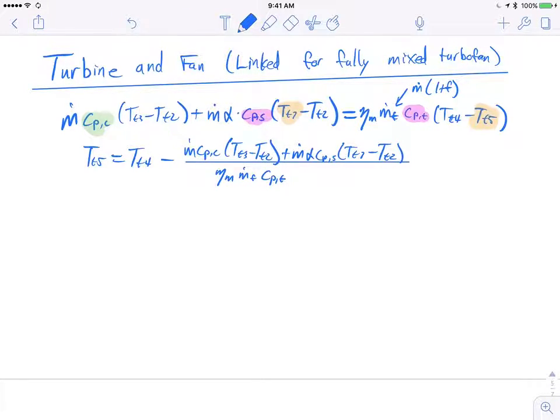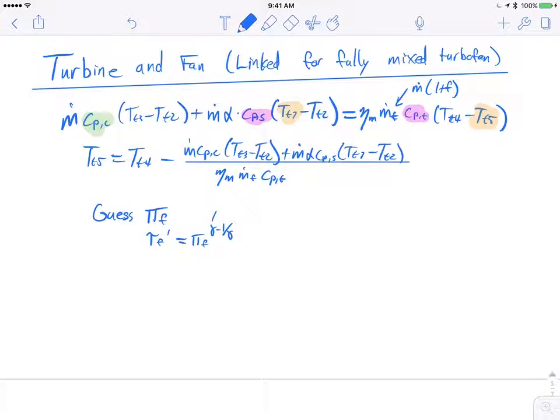So in order to solve for Tt5, we're going to have to start out with some guess for Tt7. And the best way we have to get to a reasonable guess for Tt7 is actually we're going to guess a fan pressure ratio, guess that pi f, and then from that we can determine our ideal temperature ratio, tau f prime, which of course is equal to pi f to the gamma minus 1 over gamma.